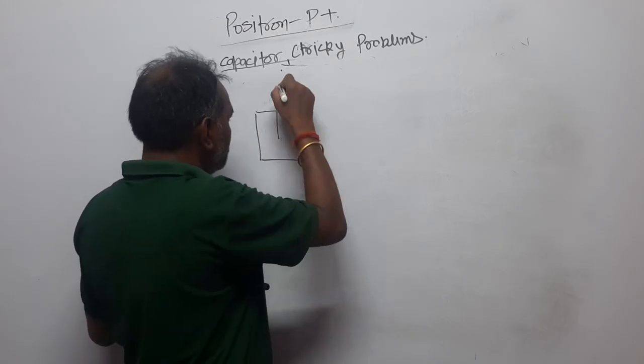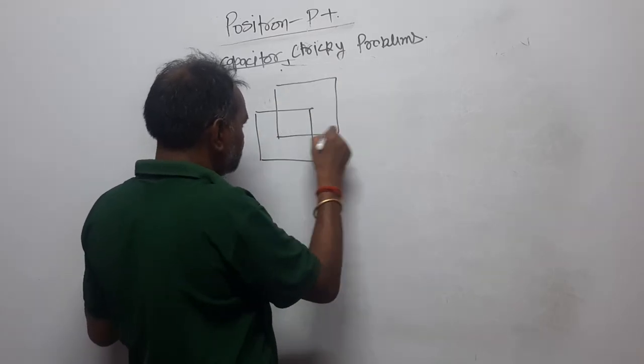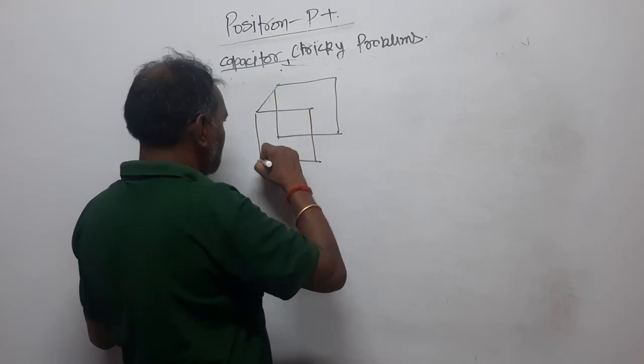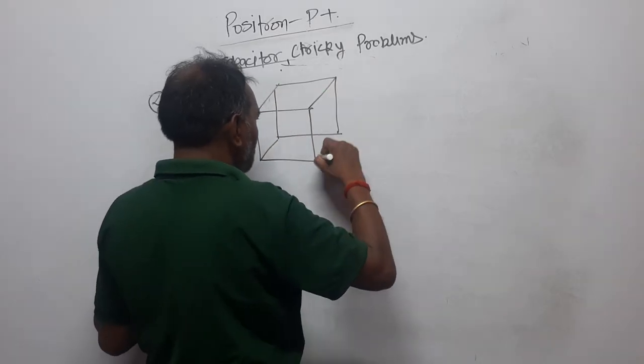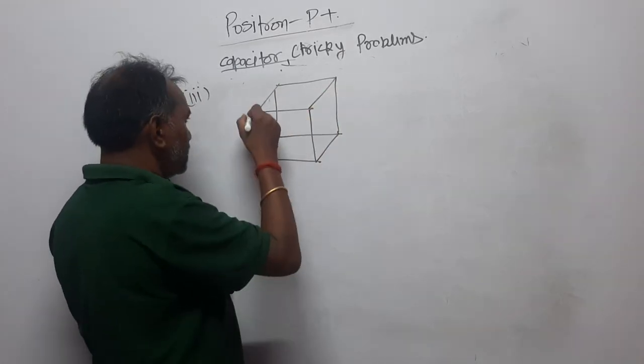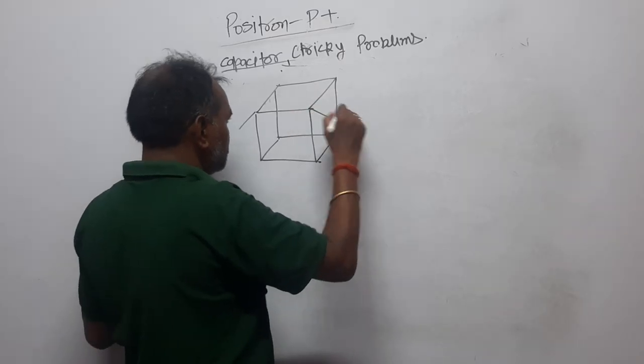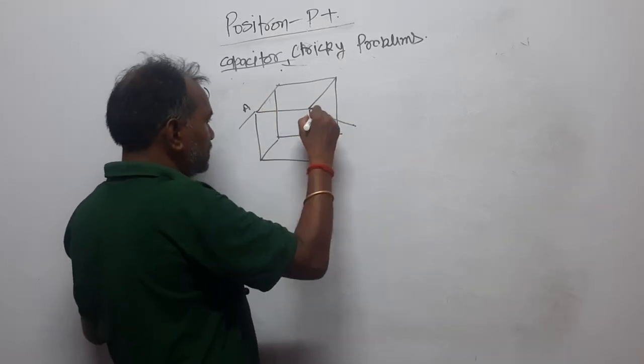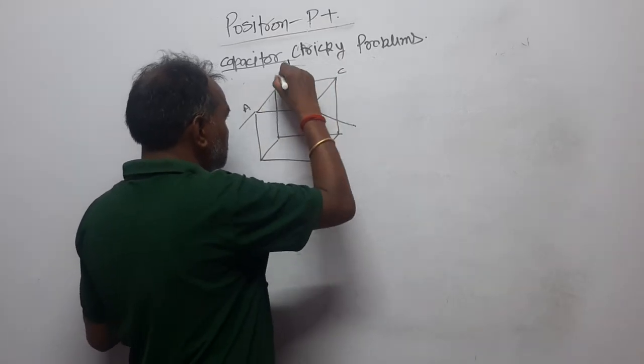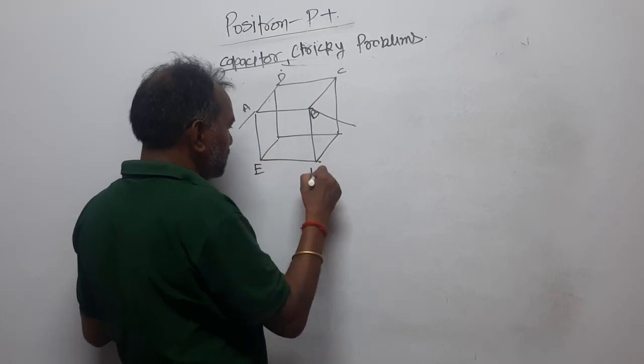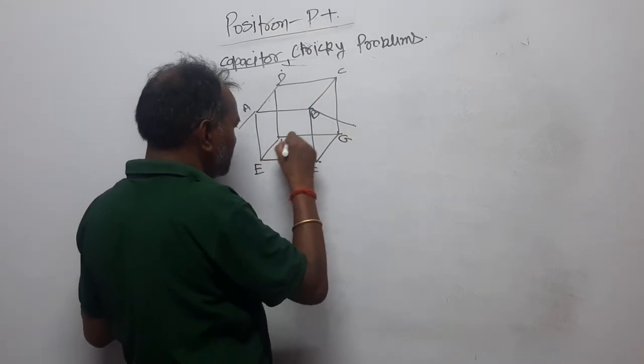First make the cube, then show the capacitors, like this. Let these be the points between which we have to find: A, B, C, D, E, F, G, H.